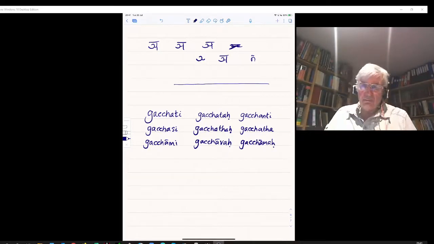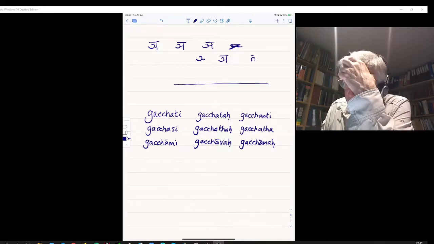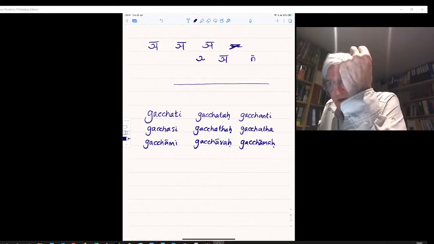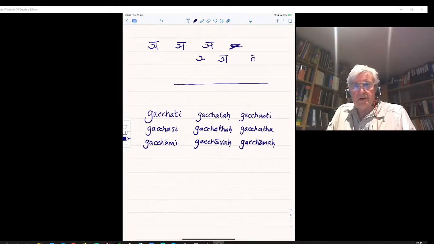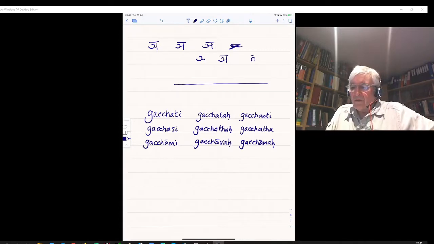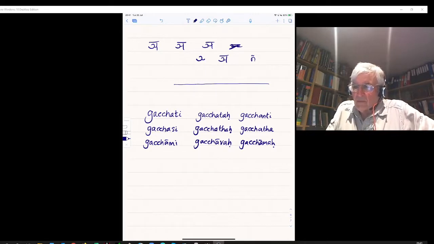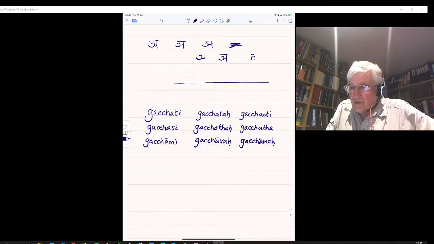So just spot here particular differences that occur right throughout the conjugation of the present tense, not only in this class of verbs, but in most other classes. For example, look at the you two, the two of you, gacchatha. Is it a th, a, and then subdotted h?